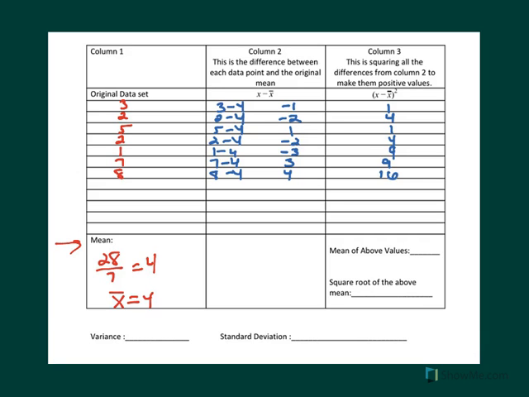And then you want to find the average or the mean of these new squared numbers. So add those up. If we add those up, we should get 44. Divided by, there's 7 data points. And that is going to be approximately 6.28.